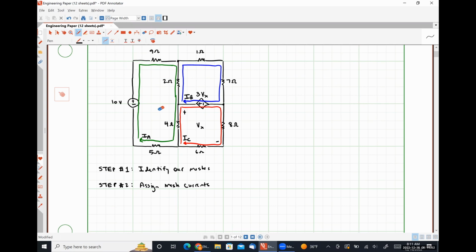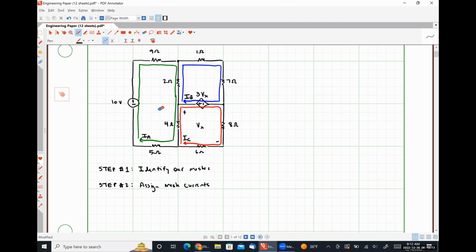All right, so one thing that I want to point out here is that I have assumed that all of my mesh currents are going to be flowing in a clockwise direction. We do not have to make this assumption. They could all be flowing in a counterclockwise direction. You could have some flowing clockwise, some flowing counterclockwise.